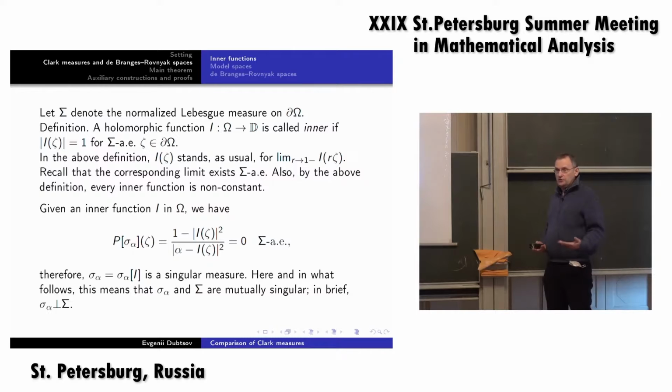So my measure is purely singular, and it means that it's singular with respect to capital sigma, the normalized Lebesgue measure on the boundary, because there are different notions of singularity in what follows. So just singular means singular with respect to capital sigma.